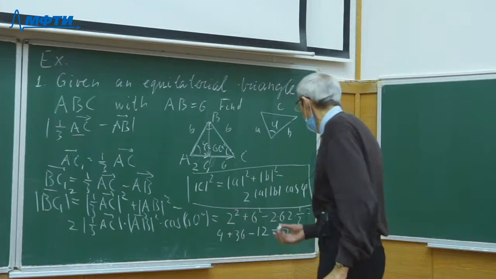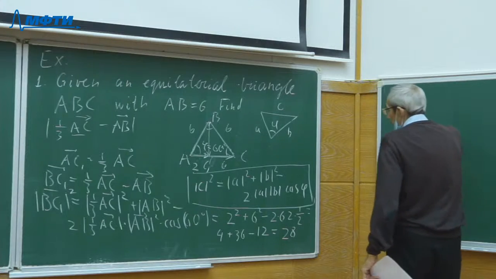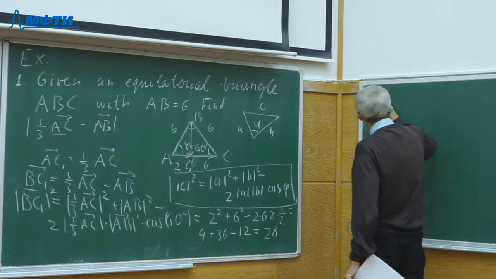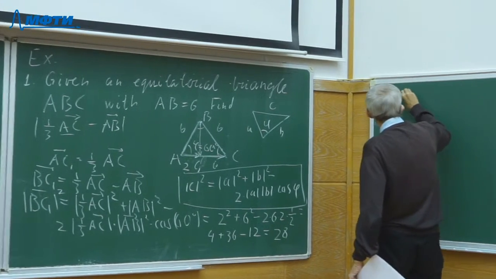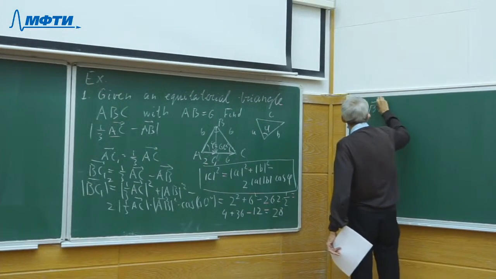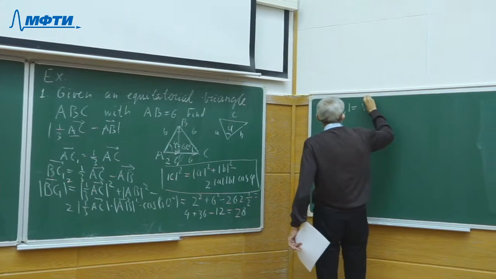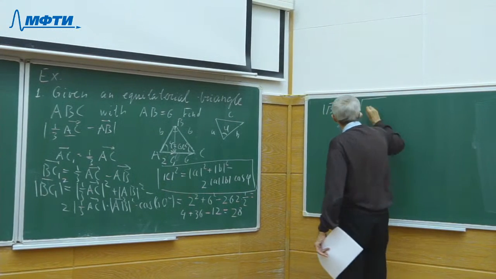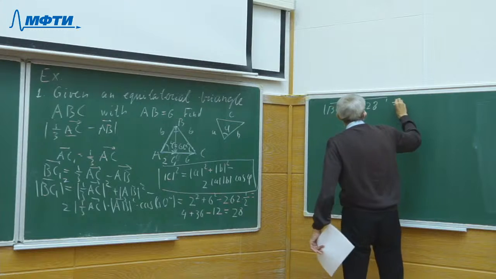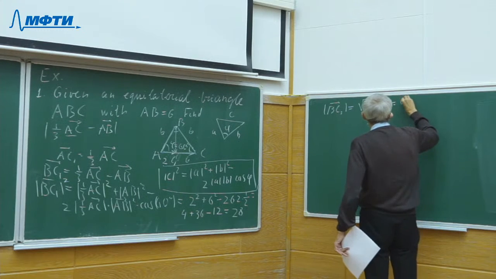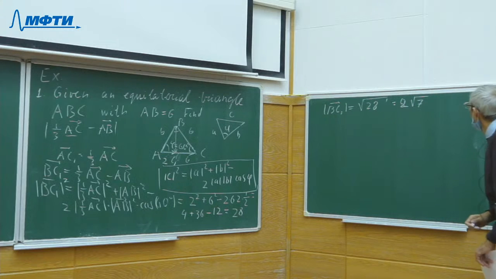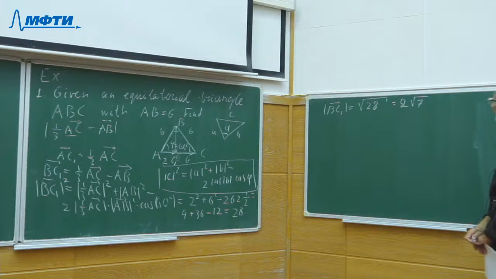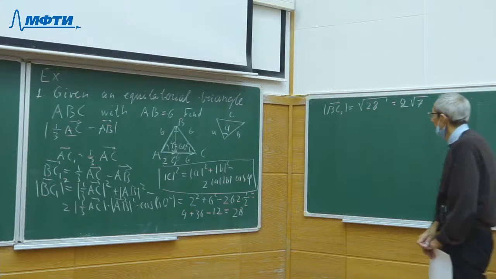Okay, and after simple simplification, we obtain that the length of vector BC1 is equal to the square root of 28, which is twice the square root of 7.